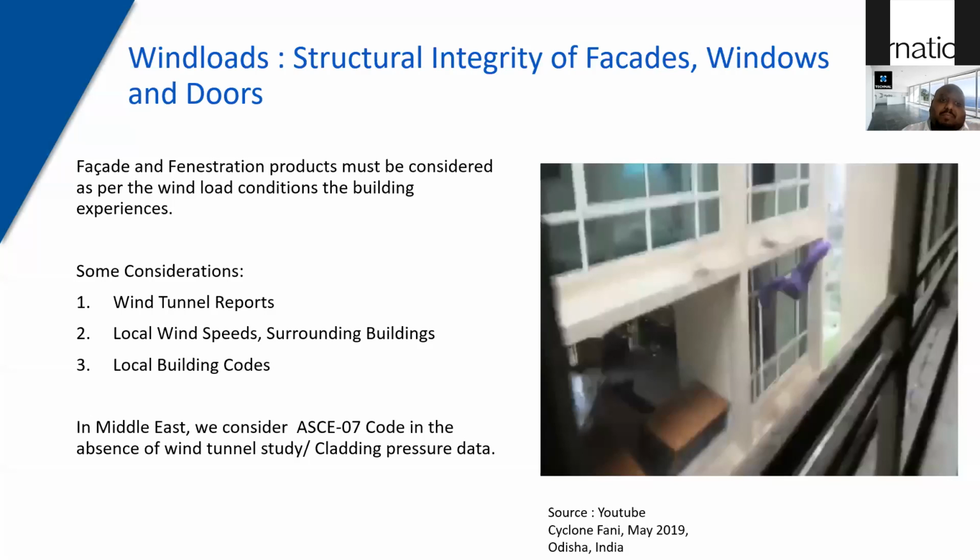But of course, we apply ASCE 7, the American code, which helps us simulate approximately the wind pressure experienced on different elevations of the building. So as a basic criteria, it's important to take these regulations into consideration and, if possible, the wind tunnel reports.